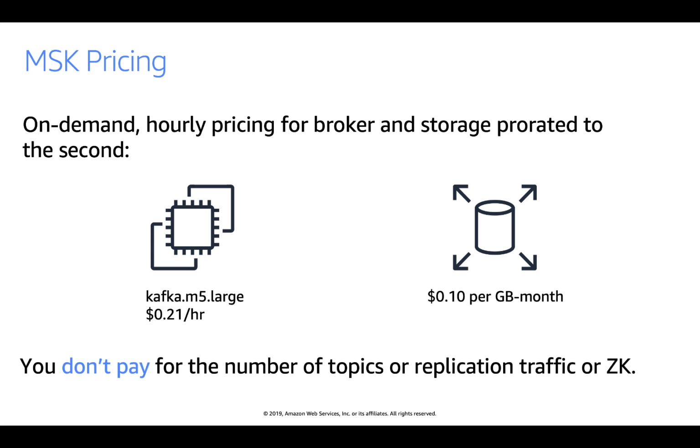It's interesting because you don't pay for the number of topics that you create. You also don't pay for the replication traffic or the Zookeepers. What you pay for is the brokers. Like a Kafka M5 large broker costs you like $21 per hour. And you pay for the storage, like the gigabyte per month. It's like $10 per gigabyte per month.